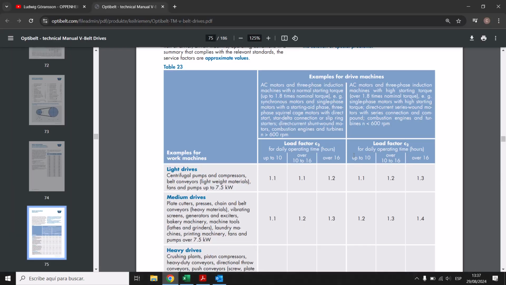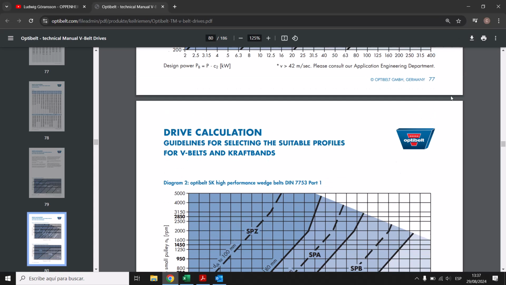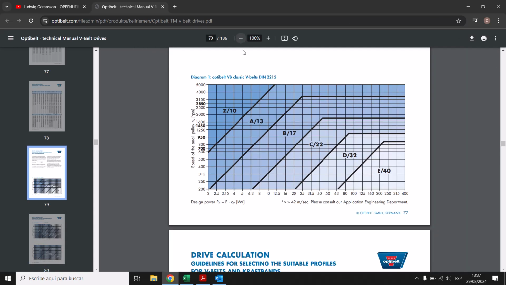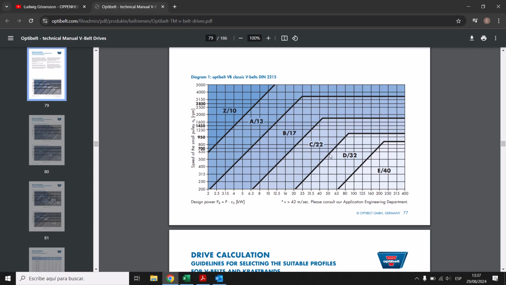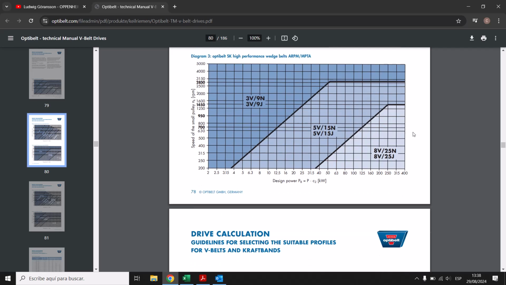So in this case, it's a diagram. Here in this case, you have 3 or 4, maybe. Okay, you see, you have different cases of selecting depending on the norm that you should use.